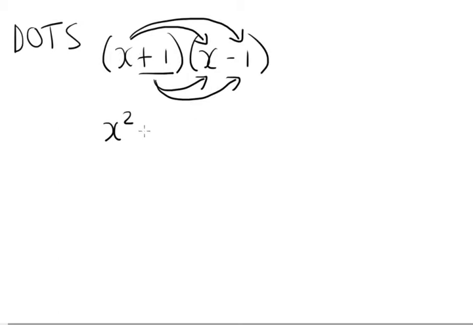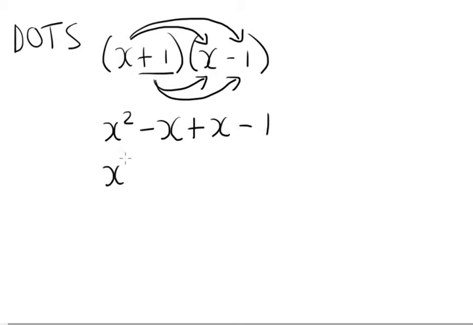x multiplied by negative 1, a positive times a negative is a negative, so negative x, I don't have to write negative 1x. And then 1 times x, similarly it's just plus x, there's an invisible 1 there. And then I've got a positive 1 multiplied by negative 1, that's negative 1 over there.